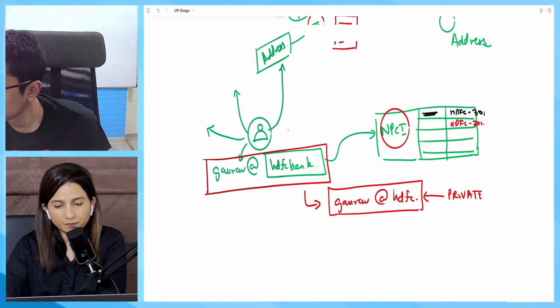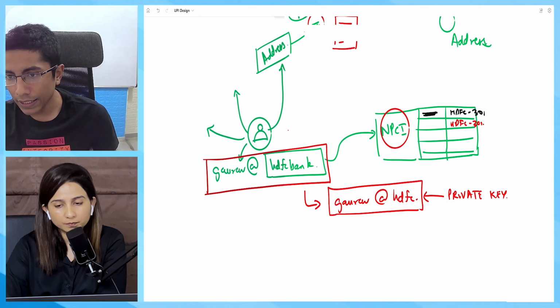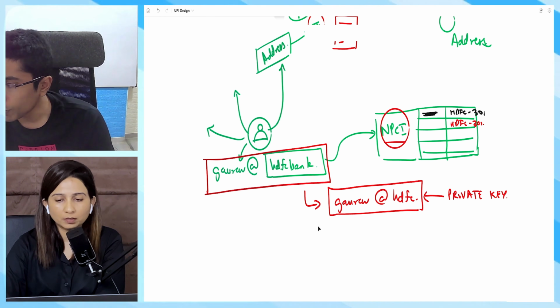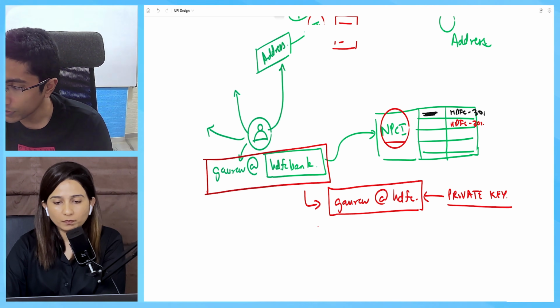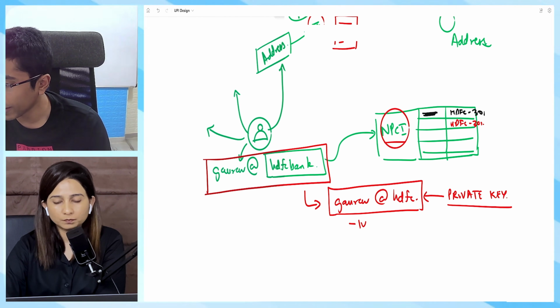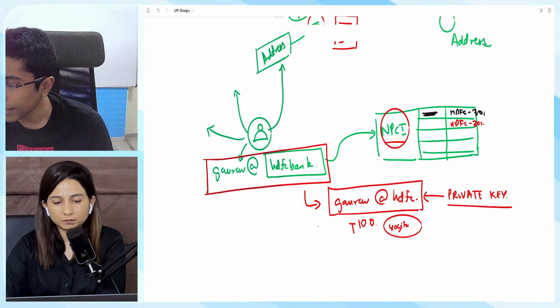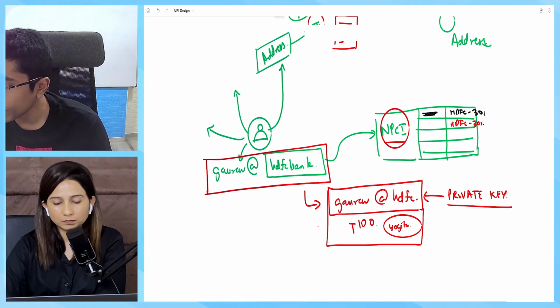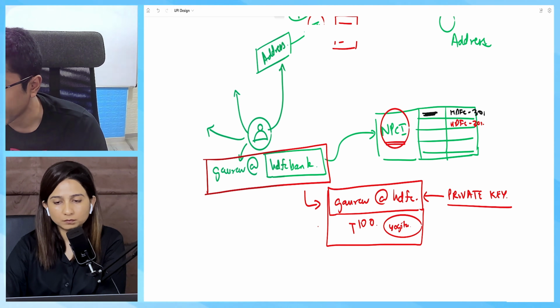Okay. And that private key would be? That private key is some sort of a secret. So this private key is maintained by NPCI. When this request with, let's say, subtract 100 from me and transfer 100 to another bank account, let's say Yogita, when this entire request comes in, this has to be signed by a private key, which is being stored at NPCI's end.